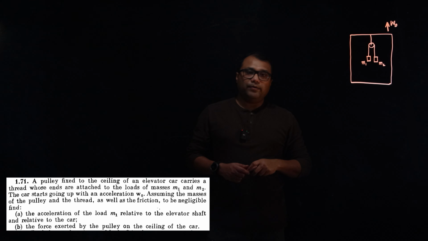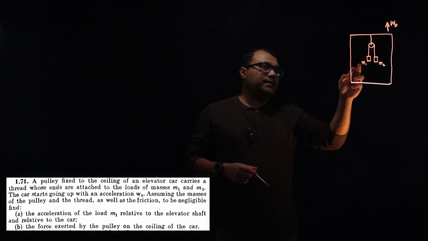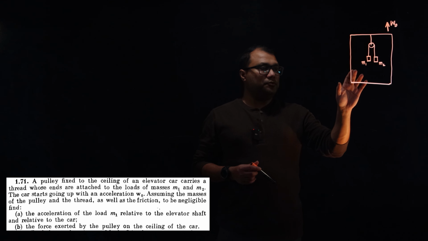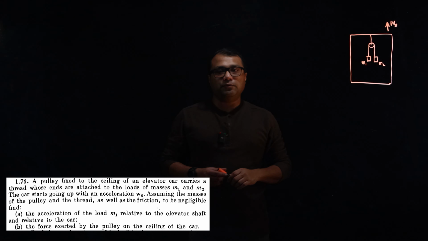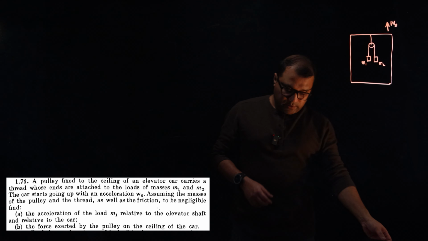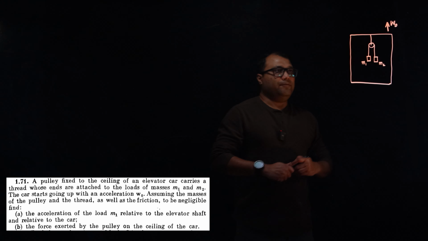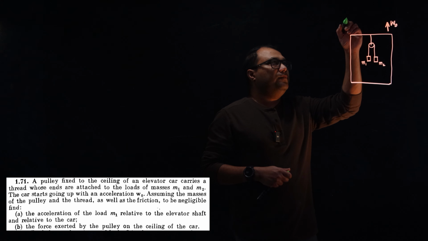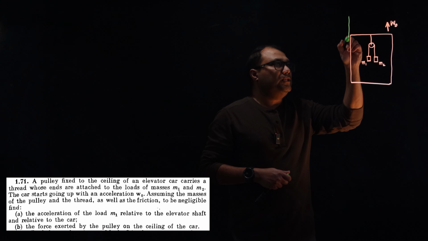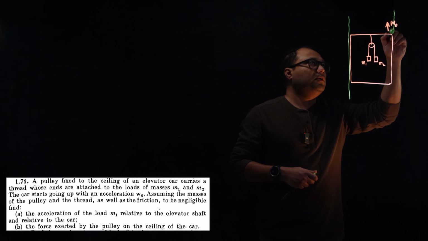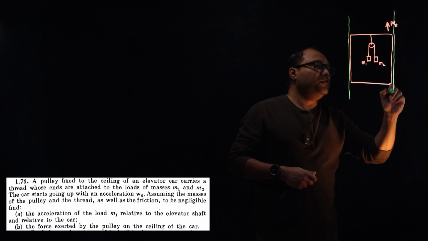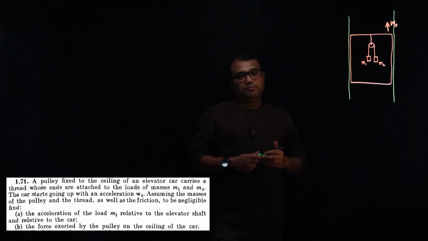Now the question is to find m1's acceleration with respect to the elevator car and m1's acceleration with respect to the elevator shaft. Now what is the elevator shaft? The elevator shaft is in which the elevator is moving up. So it is fixed to the ground. So with respect to elevator shaft is same as asking with respect to ground.